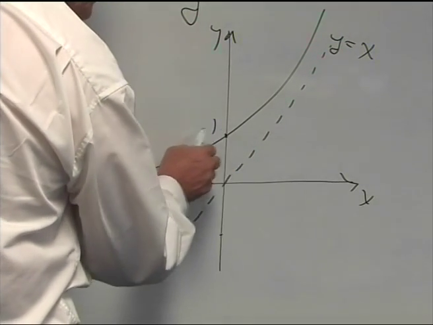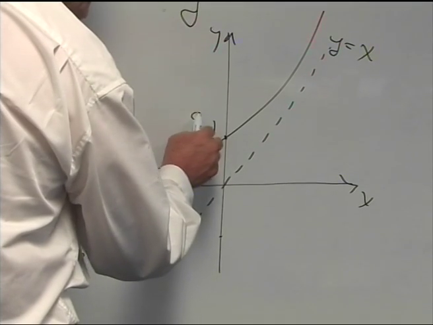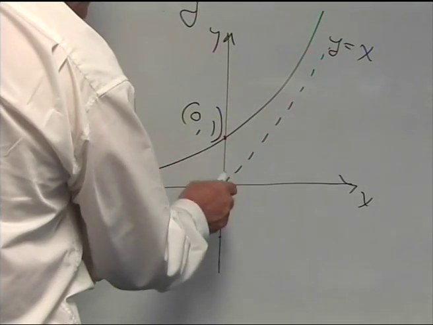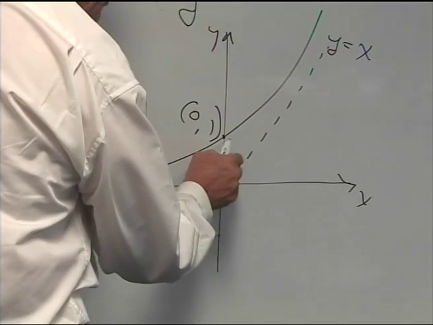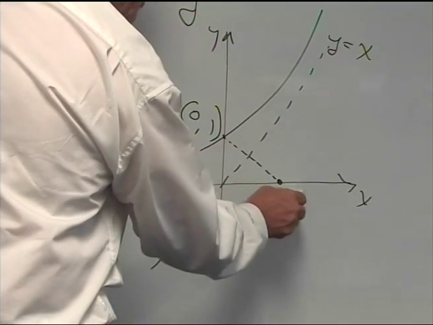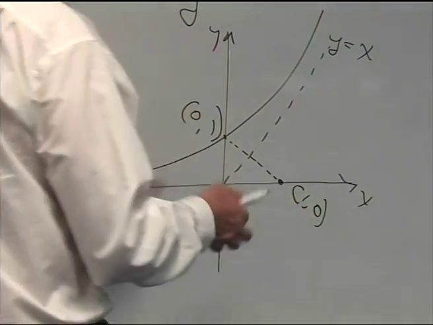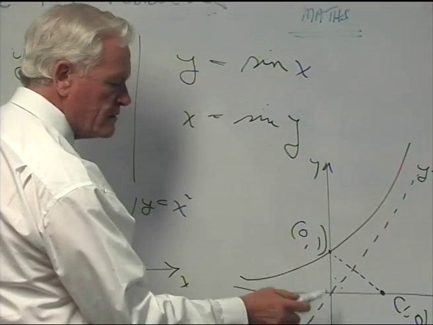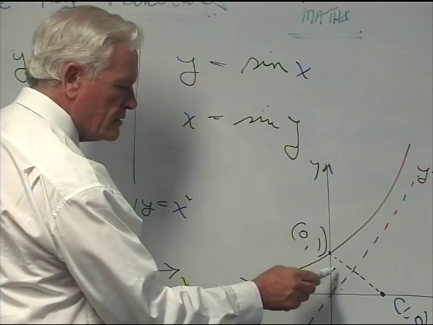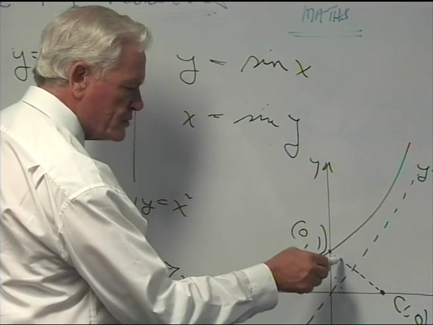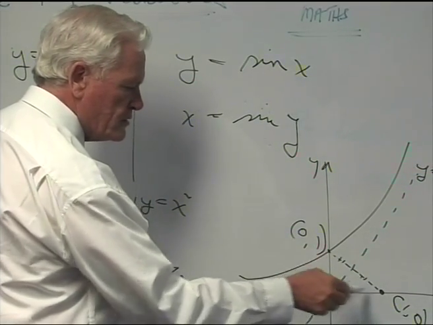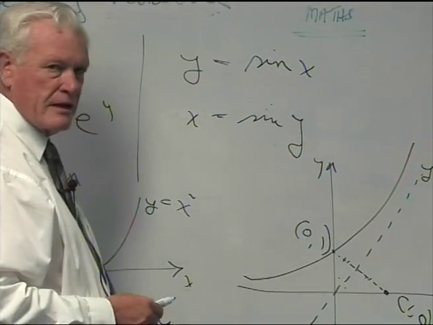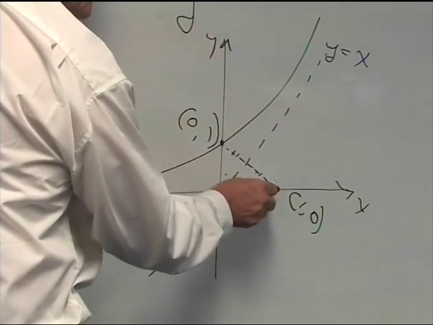If this point here was 0, 1, the reflection in that line would be 1, 0. It's an interchange of the ordered pair. Both those angles are 45 degrees and equal, and that line is the perpendicular bisector of the line joining the points, which is what you get as the reflection. That's just one particular point.